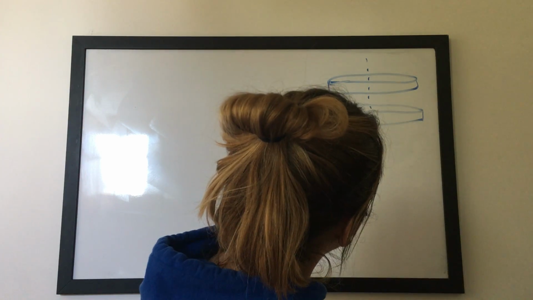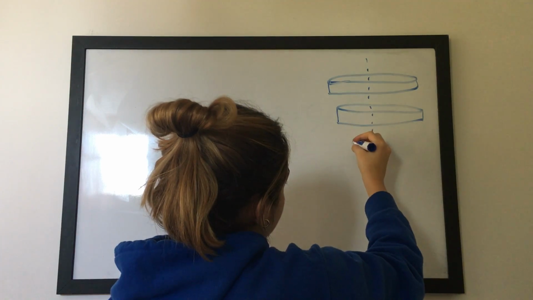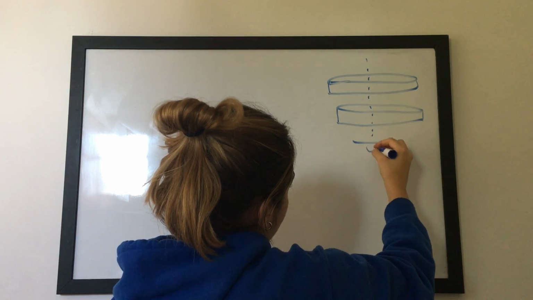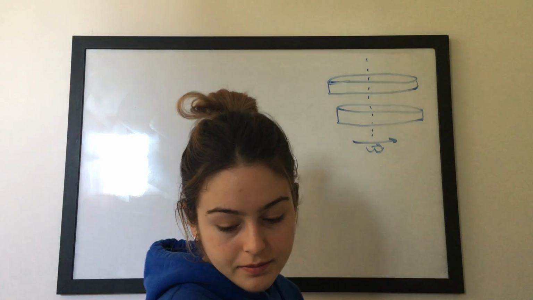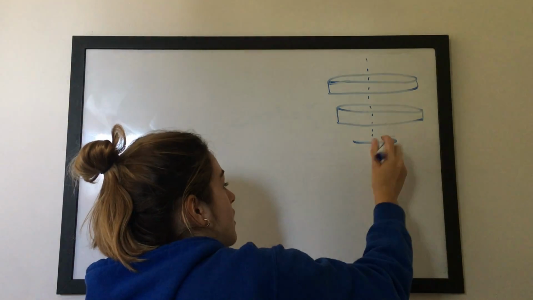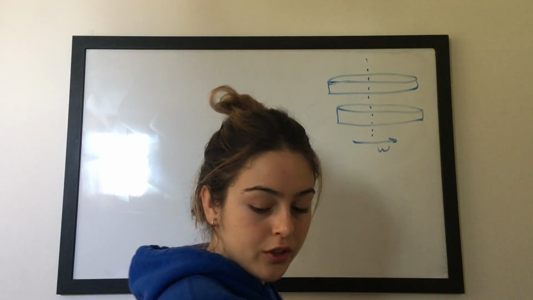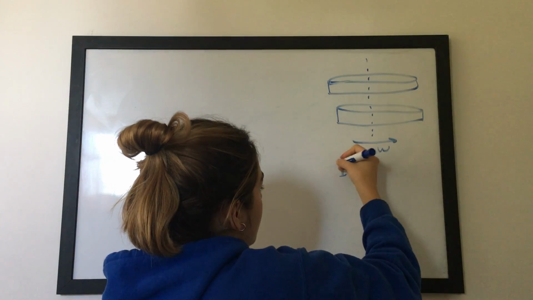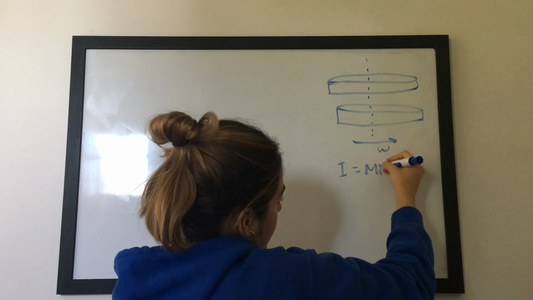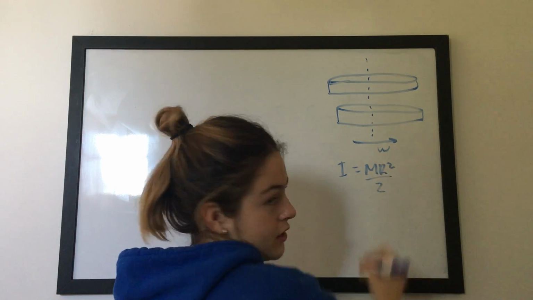And then we've got our angular speed moving like that. Okay, and we're given that the rotational inertia of the disk is mr squared divided by 2.